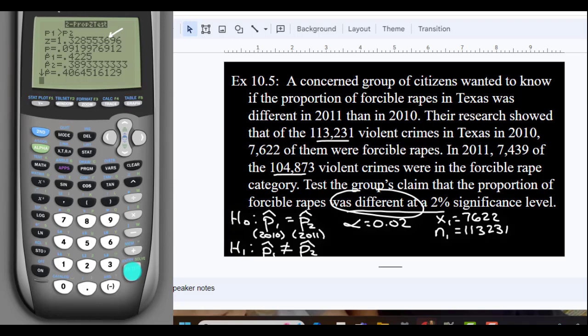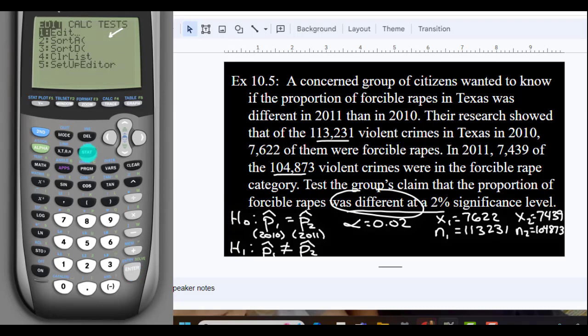Then we have X2, which was 7439, and N2 was 104,873. So fortunately, both of those things went down in 2011. But anyway, let's take a look.